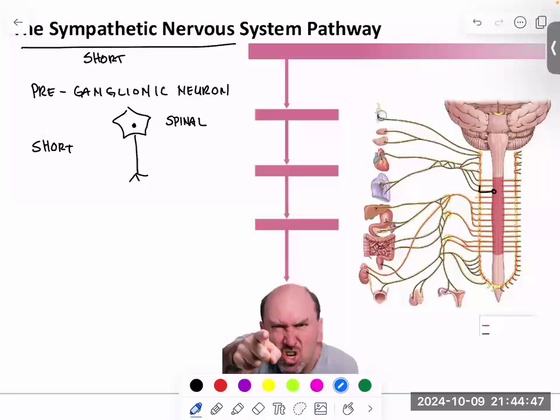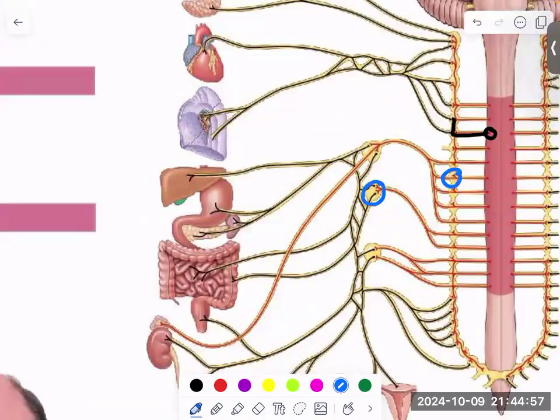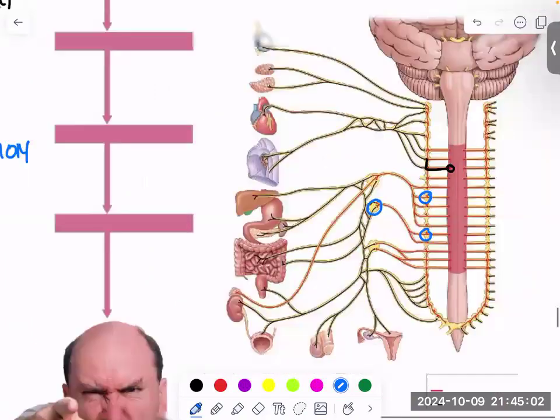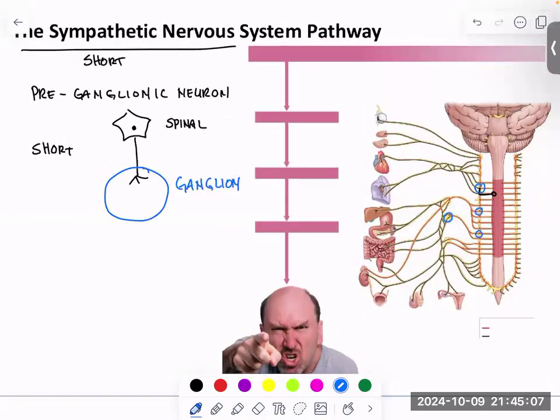Then it's going to go into the ganglion. What is the ganglion? The ganglion are these clusters. So since that neuron occurs before that cluster, that is why it's a preganglionic neuron. Then you're going to recruit the next one, the one that I'm drawing in red. So here's the next neuron in red.